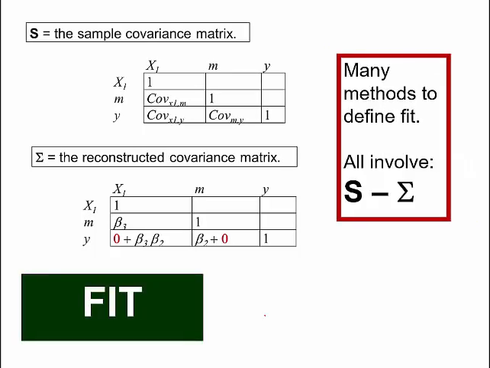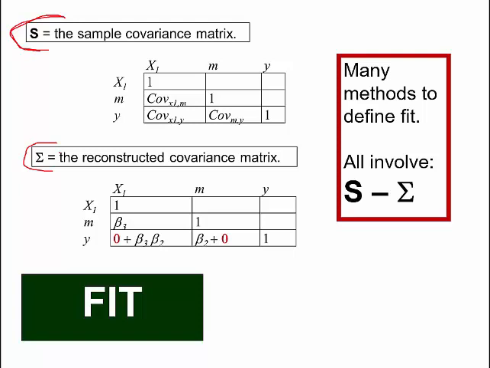So once we have used maximum likelihood to produce our parameter estimates, we will have a reconstructed variance-covariance matrix that comes as close as it possibly can to the actual observed sample variance-covariance matrix. That's what maximum likelihood does. So at this point, we can ask the question, how close does it come?